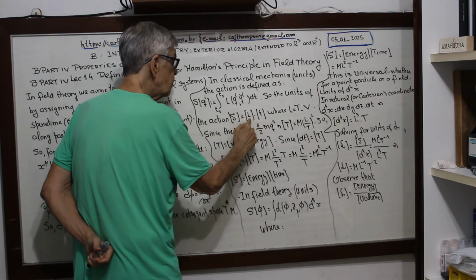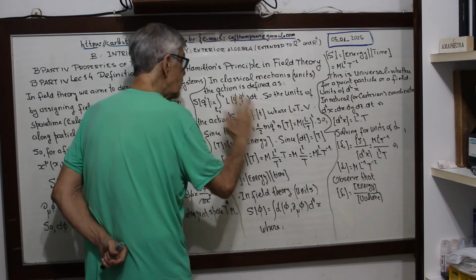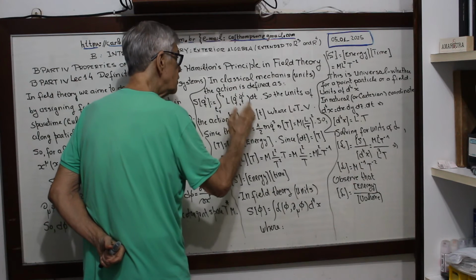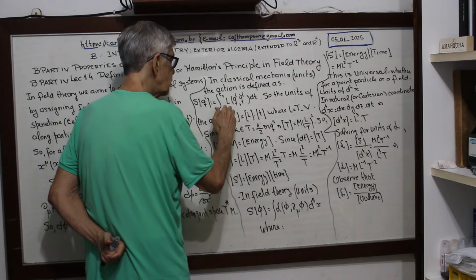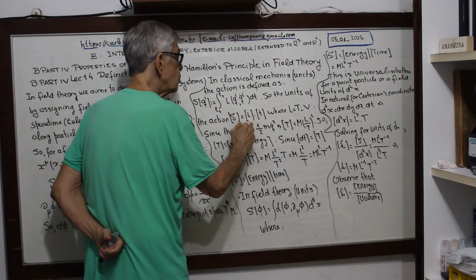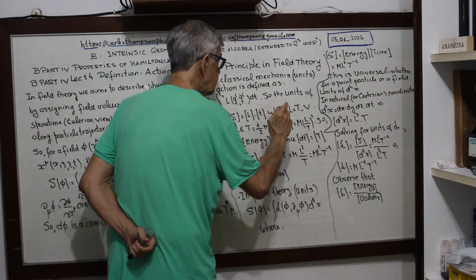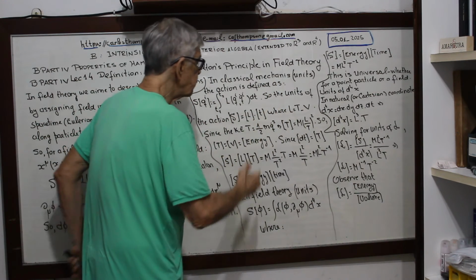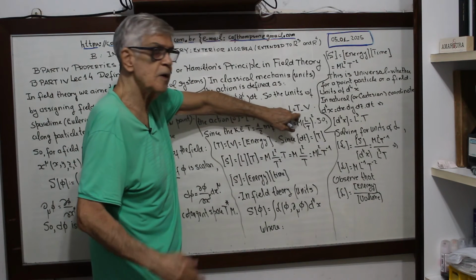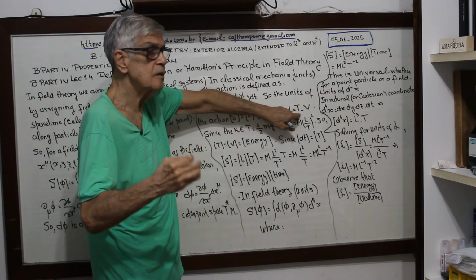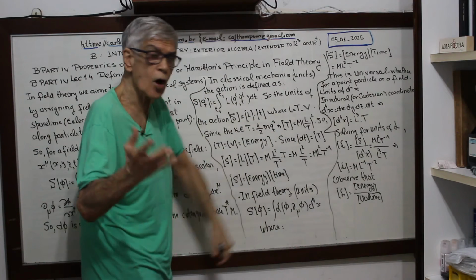Here L is the Lagrangian, which you can write as T minus V. T is the kinetic energy, one half of m times v squared, where v is q dot.